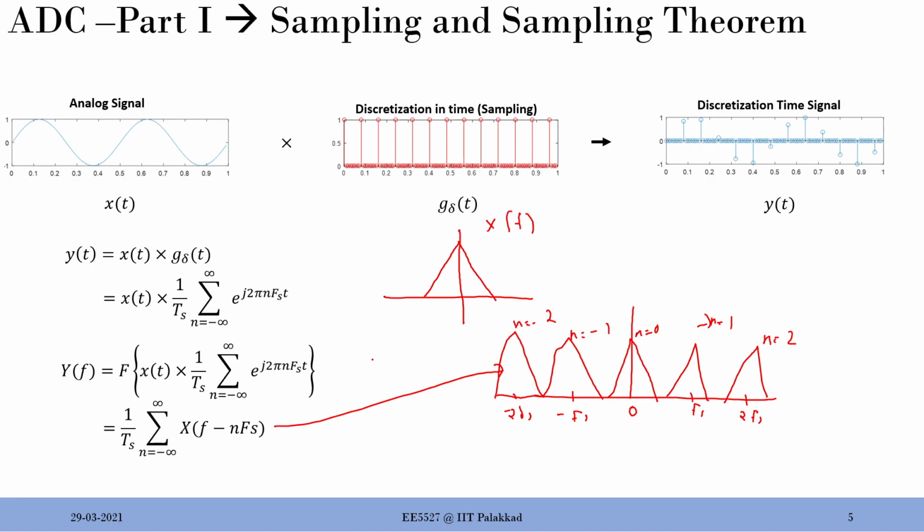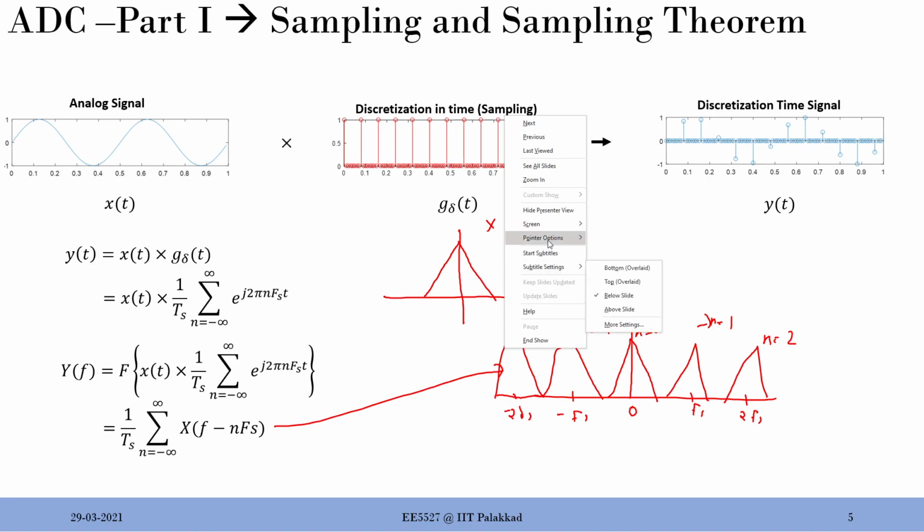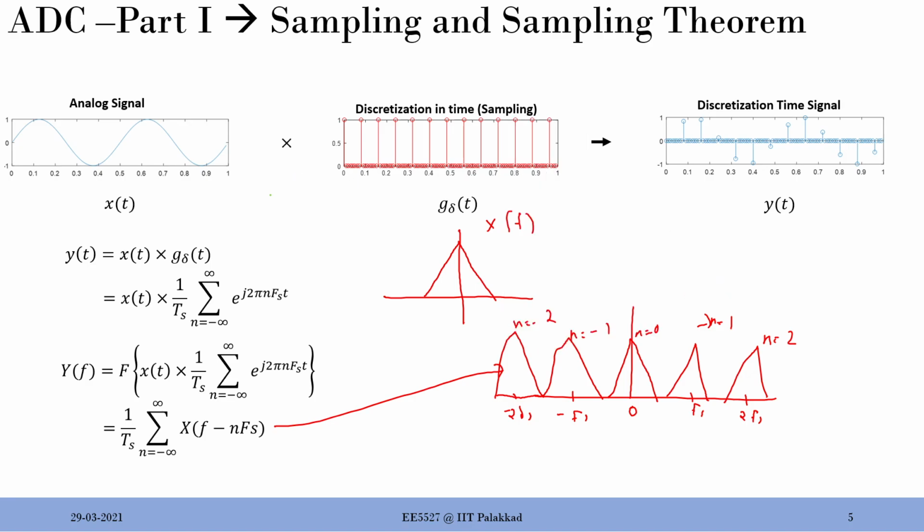Okay, so now comes the very important part. Suppose this spectrum, this particular shape, was not band limited. Let me use a different color to notate that. So this guy was not band limited, but it was expanding, shaped like this. It extends from minus infinity to plus infinity. Then what would have happened is all these curves would interact.